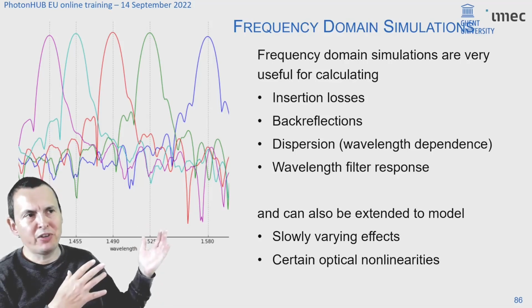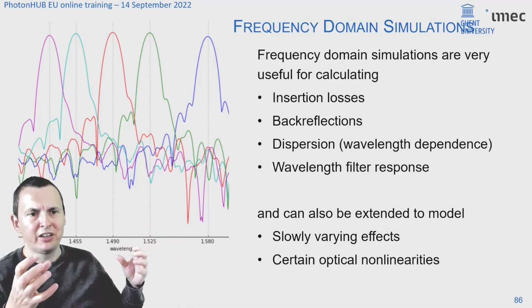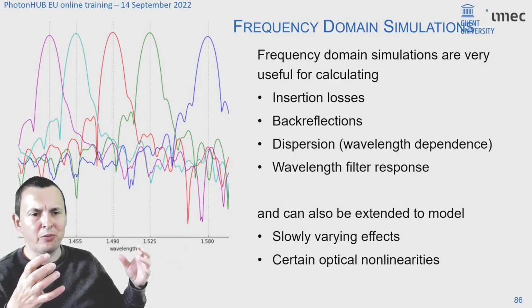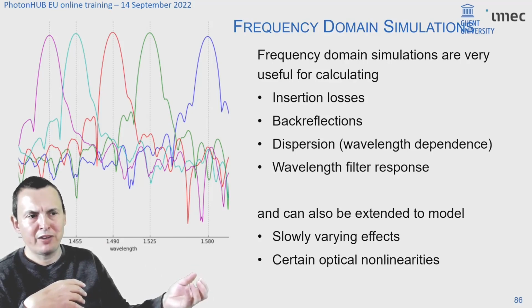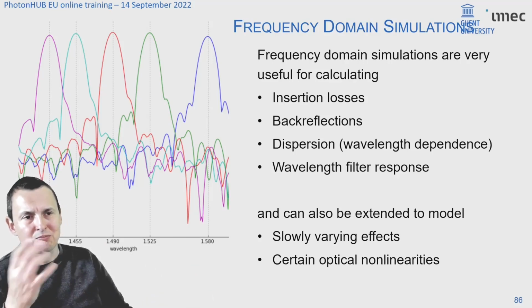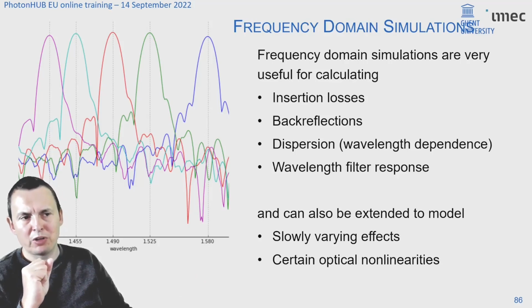Now, these scatter matrices basically give you a very clear way of how every input wave is coupled to every output wave, and I should say every input port coupled to every output port. You just have to be very wary about what you mean with a port.